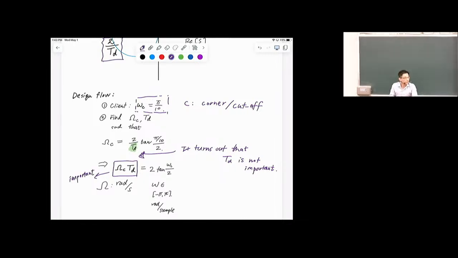In homework number 4, I asked you to follow this flow and design a digital Butterworth filter by borrowing its prototype in analog. So you follow this procedure step by step. Hopefully you will realize that indeed, what is important is the product of omega c times TD, which is this factor.